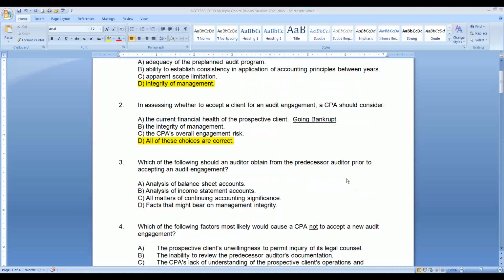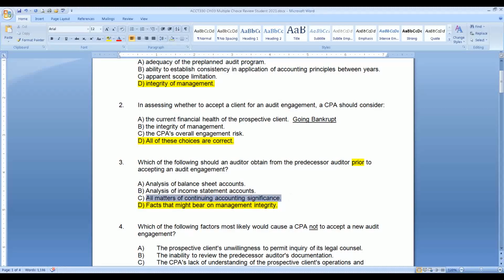Question 3. Which of the following should an auditor obtain from the predecessor auditor prior to accepting the audit engagement? Is it D? Yep, you guys got it right. It's D. And all matters of continuing accounting significance.